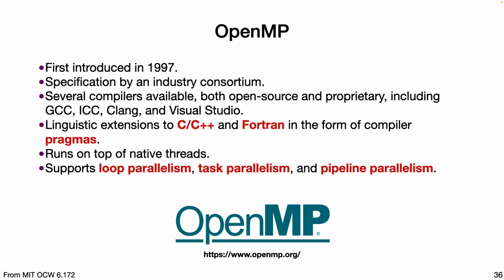Visual Studio, I'm not sure, maybe not open source. Anyway, in terms of programmability, it's a pretty straightforward extension to C and C++, and there's also a Fortran version, in terms of compiler pragmas, which are lines that you insert into your code, next to the functions, and I'll show you what that looks like. It runs on top of the native threads in your program, so you don't have to manually create the threads anymore like we did in pthreads, and you can do loop parallelism, task parallelism, and pipeline parallelism.